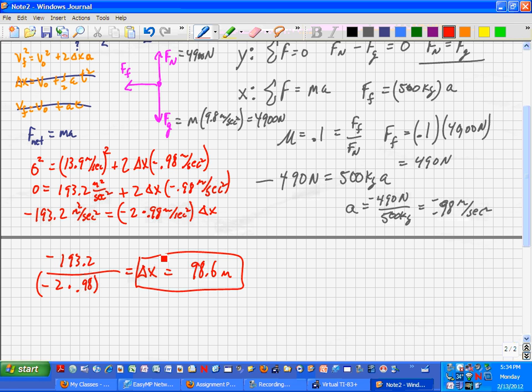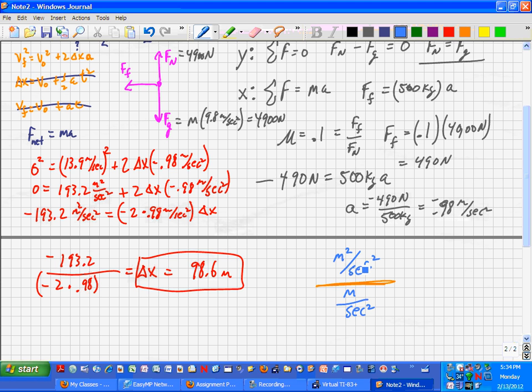Let's go ahead and take a look at the units just for fun. Here's my hard divisor between my numerator and denominator. On the top, I had meters squared per second squared, and on the bottom I would have had meters per second squared.